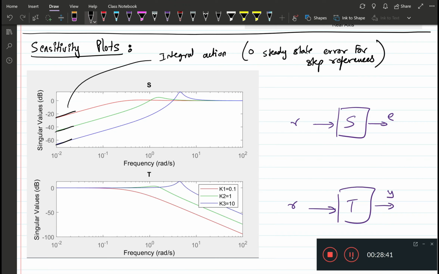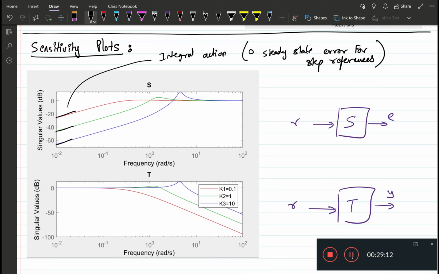That can also be seen here, because for step inputs you have T equal to 0 dB, which is just 1. So then y at steady state will be exactly equal to r, and if it's a step, then r is constant, and y would be equal to r. So that's one observation.